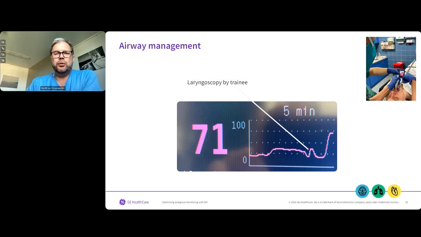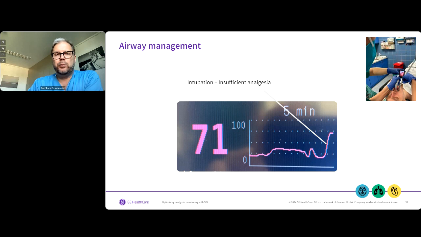antinociceptive effect during intubation. You see here a laryngoscopy by a trainee that was very gentle and could not be performed. However, then the consultant came and did another try, and you also saw that the antinociceptive component, the remifentanil concentration in this patient, was insufficient, as we saw an immediate increase of the Surgical Pleth Index.